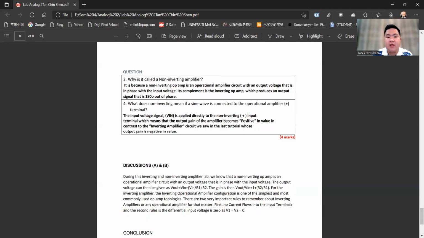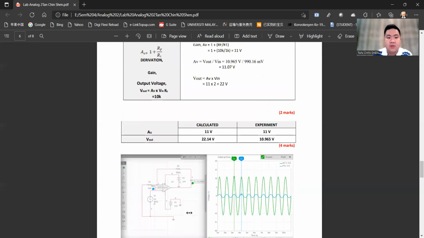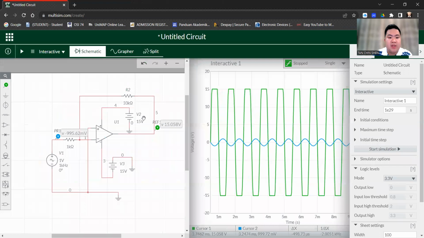Because OPM is an operational amplifier circuit with an output voltage that is in phase with the input voltage. Its complement is the inverting OPM, which produces an output signal that is 180 degrees out of phase. Okay, same, we just change our schematic.